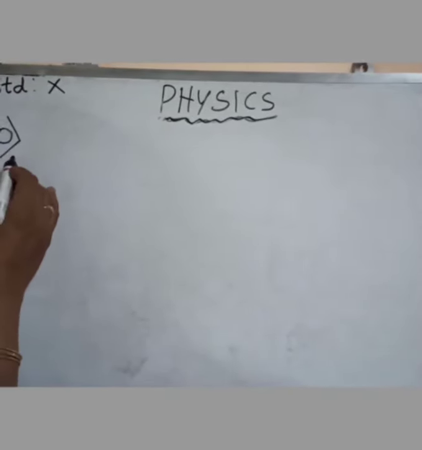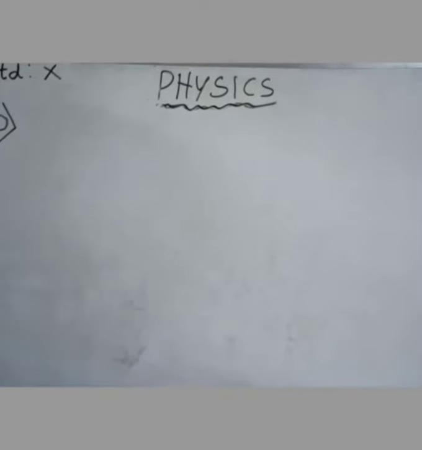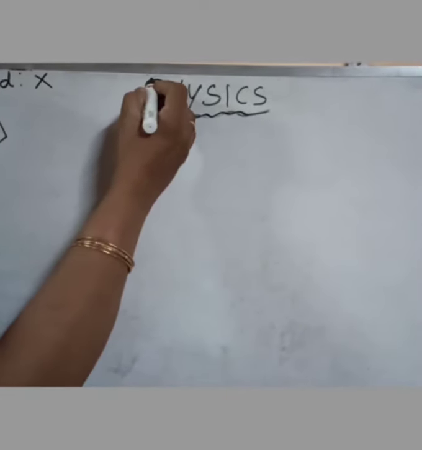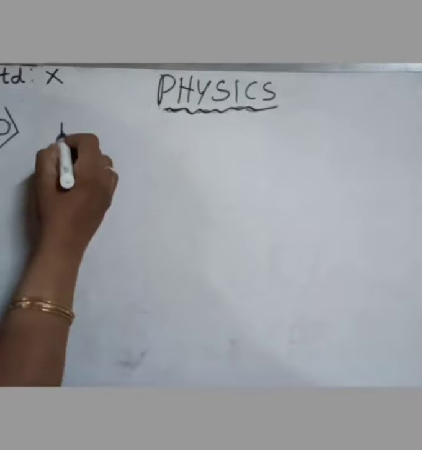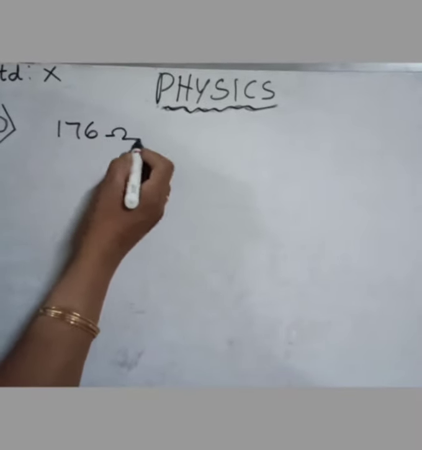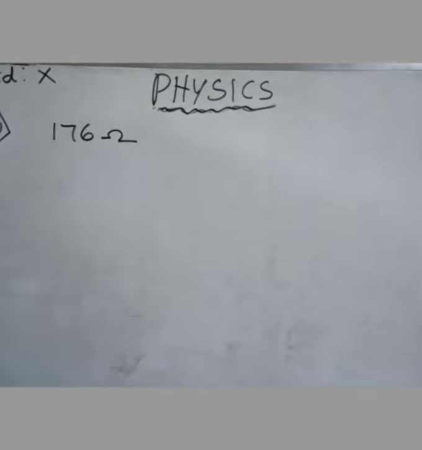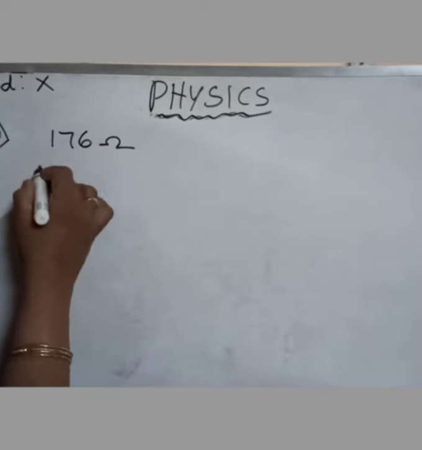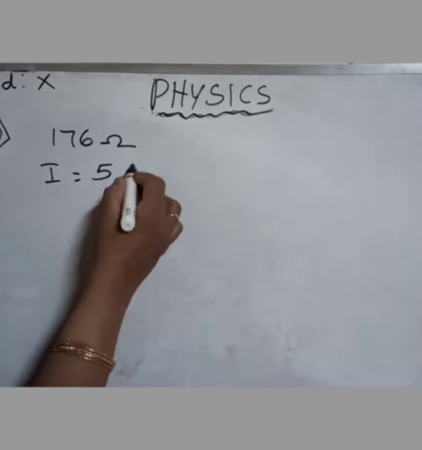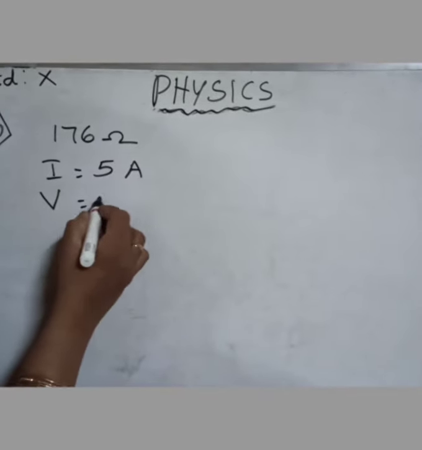Next I am going to explain the 10th question. The 10th question is, how many 176 ohm resistors do you have to connect in parallel when it is carrying a current of 5 ampere at a potential difference of 220 volt?